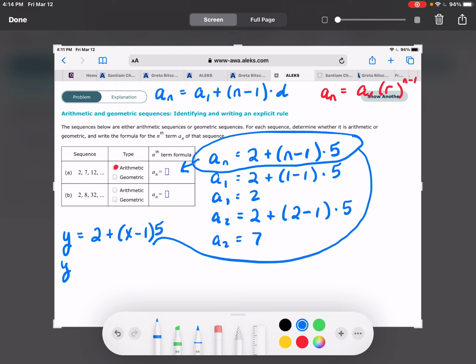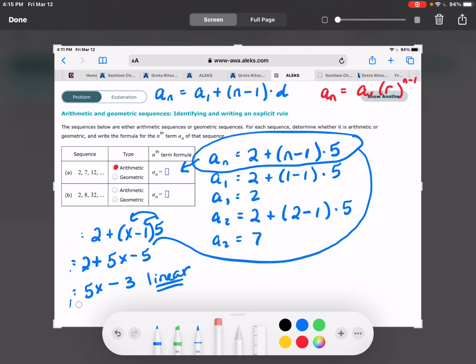If I want to simplify this, I have 2 plus, I'm going to use the distributive property, 5x minus 5. I'm going to put that 2 and that negative 5 together, and I have a linear equation because all arithmetic sequences make lines. They are linear.